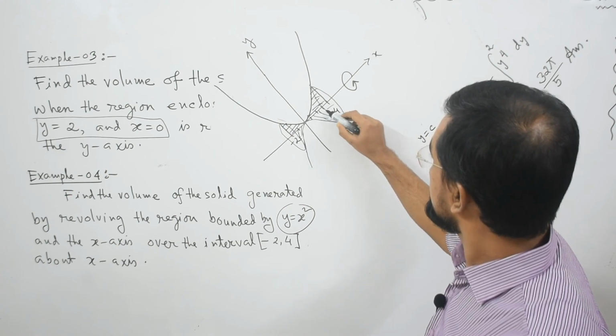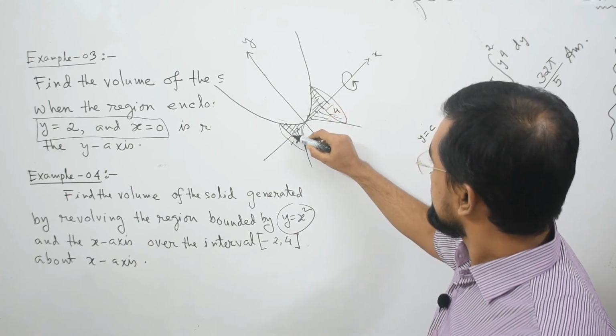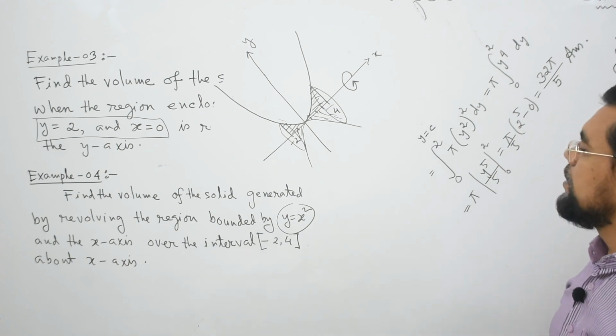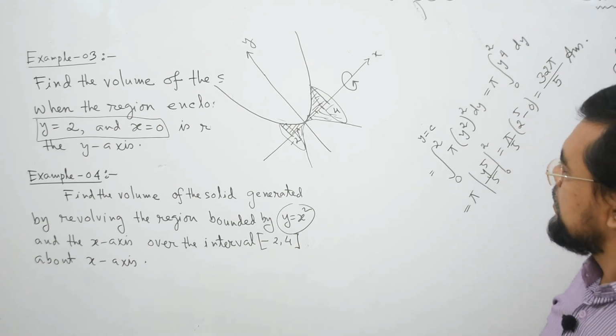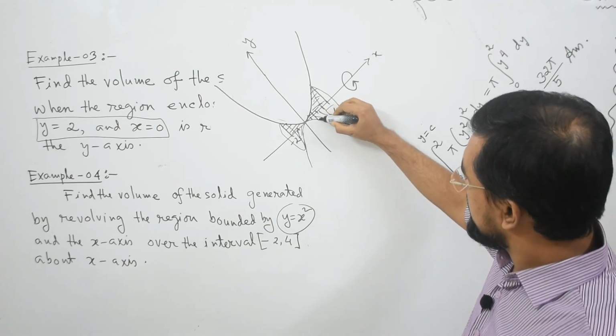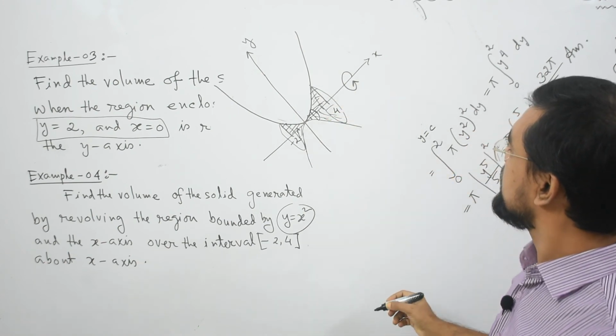This is a rough sketch. Now if you take a cross section here, this cross section will be perpendicular to the x-axis.